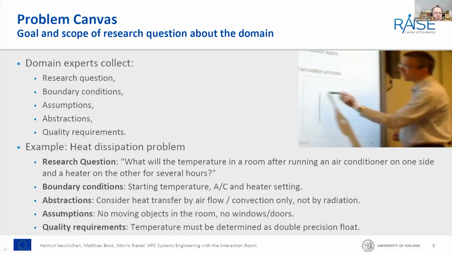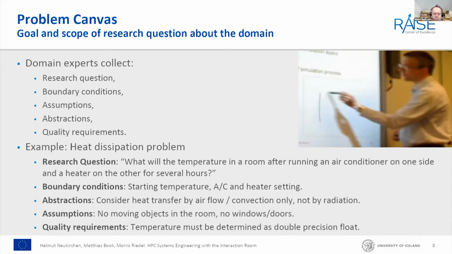And then you have boundary conditions, which might be like, of course, the starting temperature of the air in the room, the temperature settings for the air conditioner and the heater. Then abstractions that you talk about could then be like we only talk about airflow and convection, but not radiation or something like that. Assumptions are we don't have any moving objects or open windows or things like that.